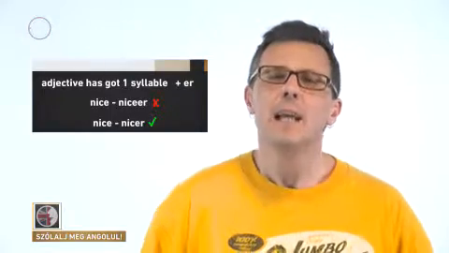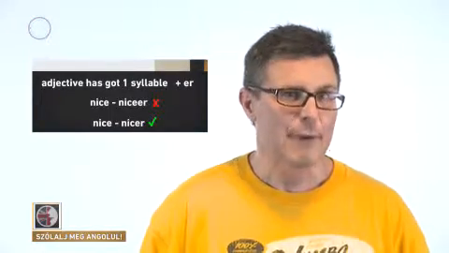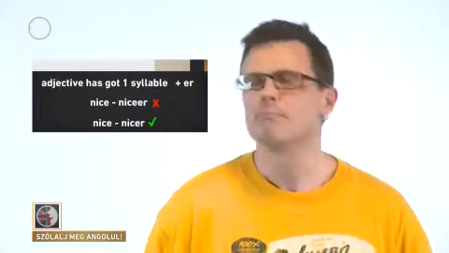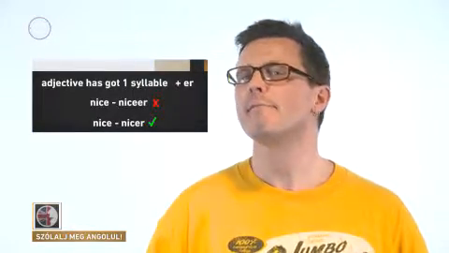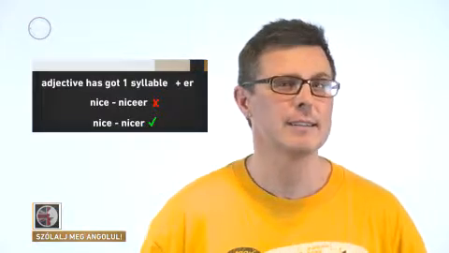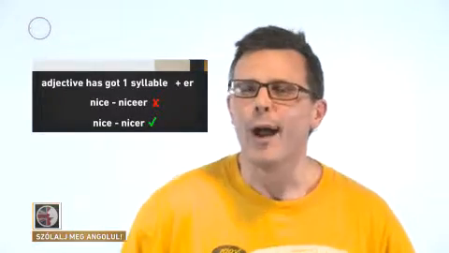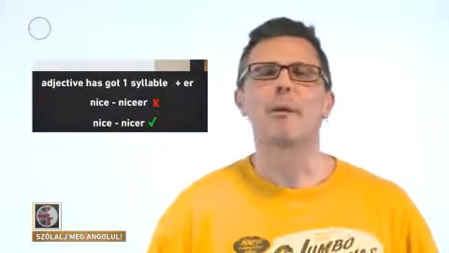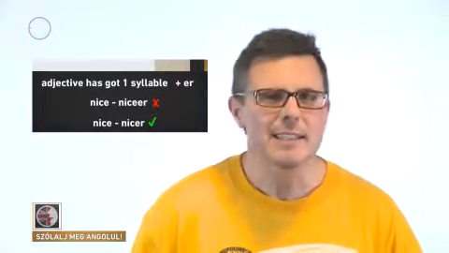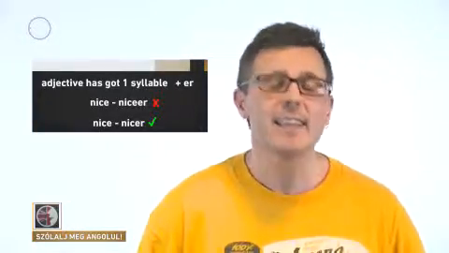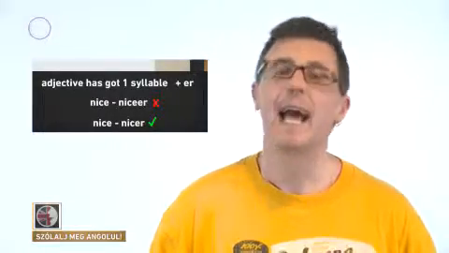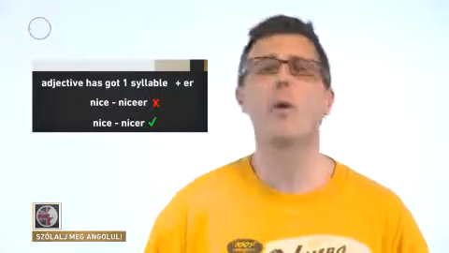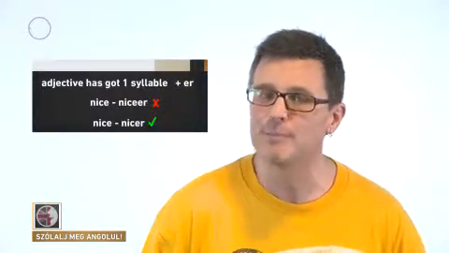Great. Now, if the word ends in a vowel plus consonant, you remember vowels and consonants, don't you? Are you sure? Well, just in case your memory is a little bit rusty, vowels are A, E, I, O, and U, and consonants are all the other letters in the alphabet.